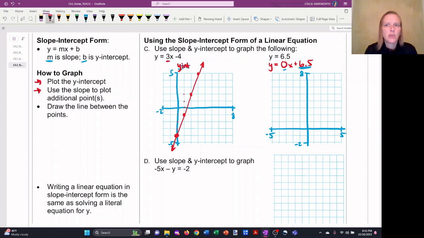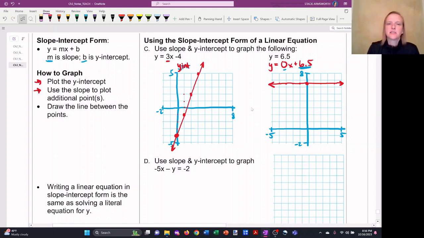And now I can plot my y-intercept here at 1, 2, 3, 4, 5, 6.5, right here. But I can see that with a slope of 0, I never move from that 6.5. I'm 6.5 no matter where I am on the x-axis. So this would be correctly drawn as a horizontal line like this.